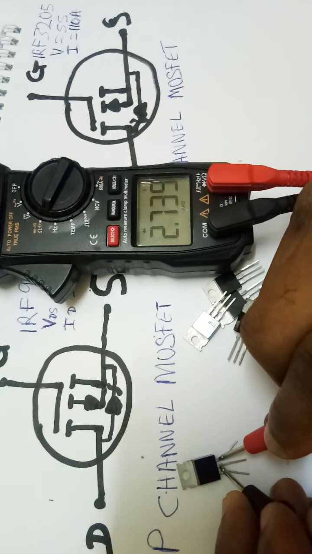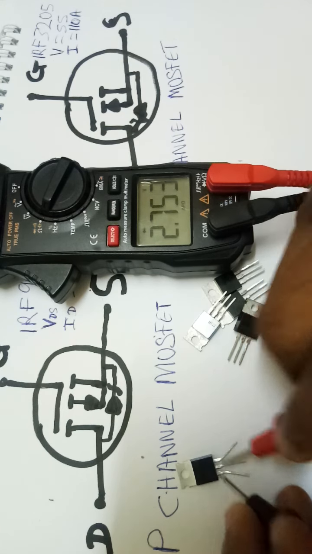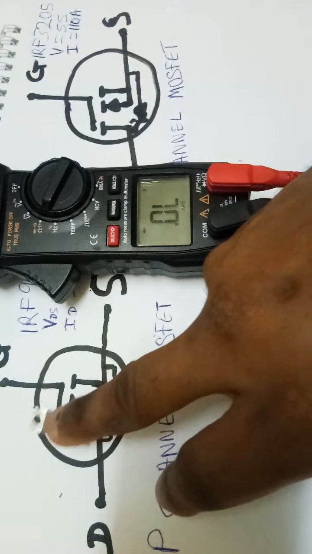But as you can see, it's showing reading. That means this is a very bad MOSFET. This is a P channel MOSFET.